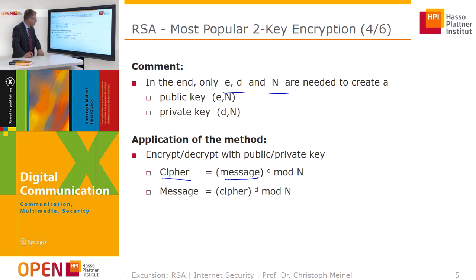This is the encryption, and of course the decryption consists of taking the cipher up to d modulo n, and then one gets back the message. So you see with e and n, this was the public key, we can encrypt the message, and by means of d and n we can decrypt the message.